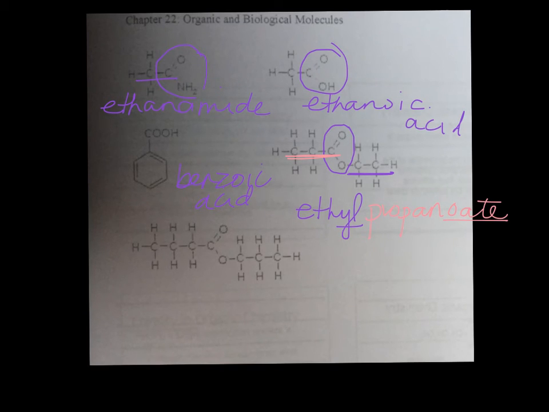And looking at the last one here, again, here's my functional group. I look to the right of this O, I see 3 C's, so this is going to be propyl. I look to the left of the O, I see 4 C's, butanoate.